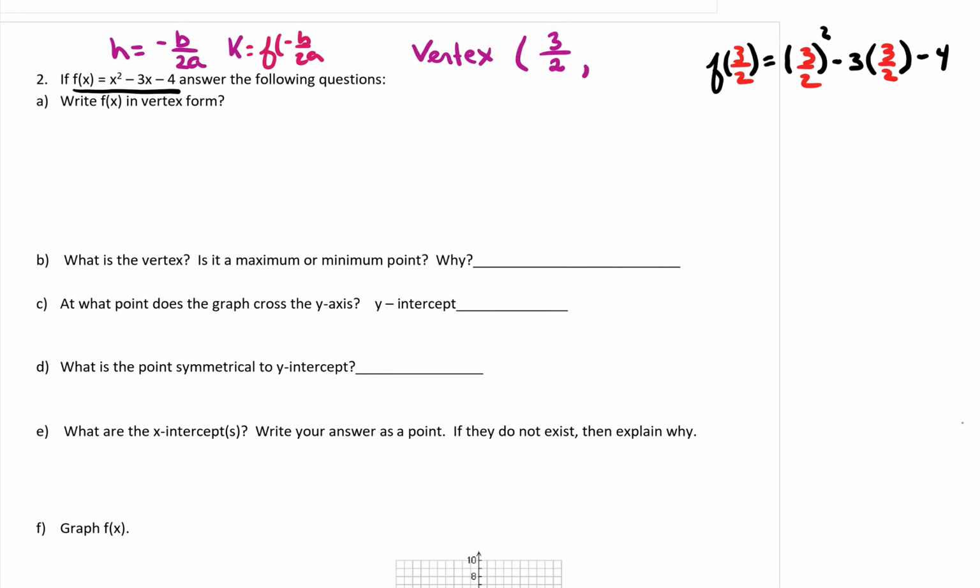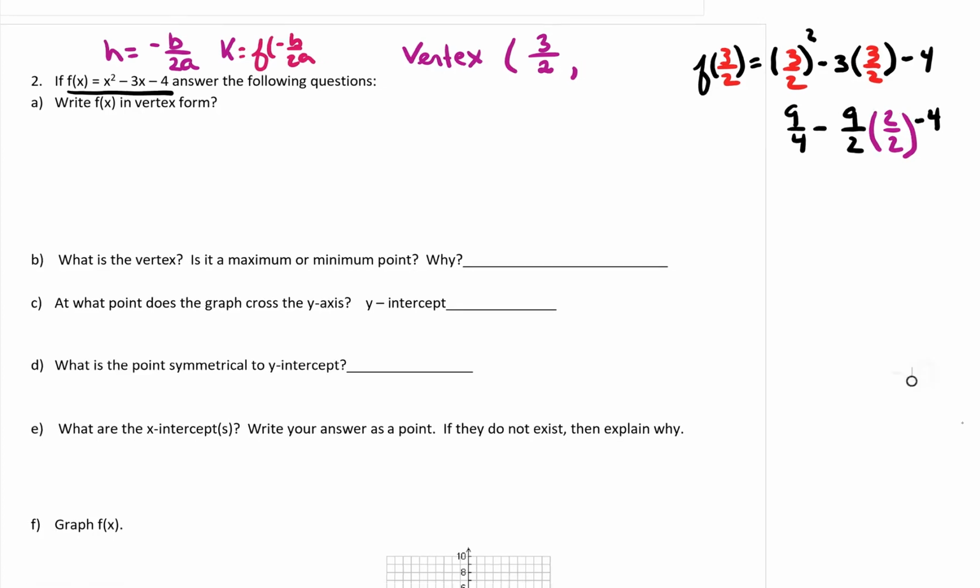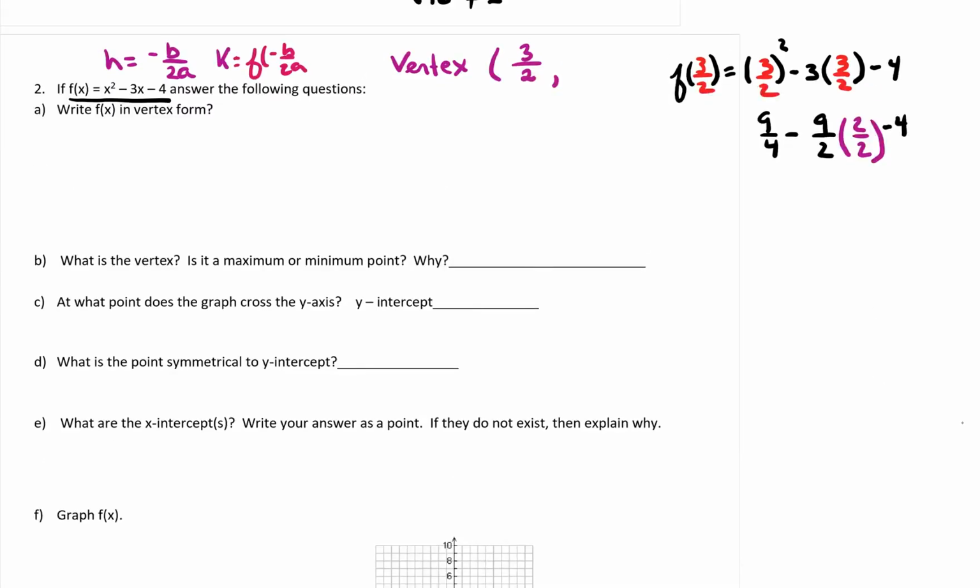Okay, so again, putting in 3/2 wherever we see an x and simplifying. So 3/2 times 3/2, that's 9/4, minus 3 times 3/2, this is 9/2. I notice that I'm going to have to get a common denominator when I simplify this, so let's put this times 2 over 2. Minus 4. And I notice also I'm going to need a common denominator, so let's multiply that 4 by 4 over 4.